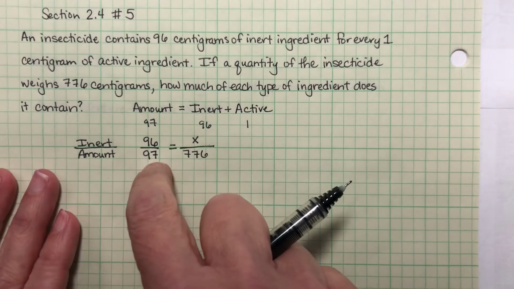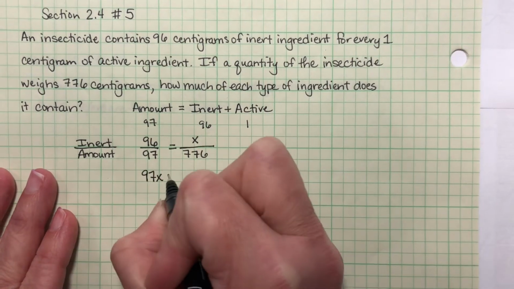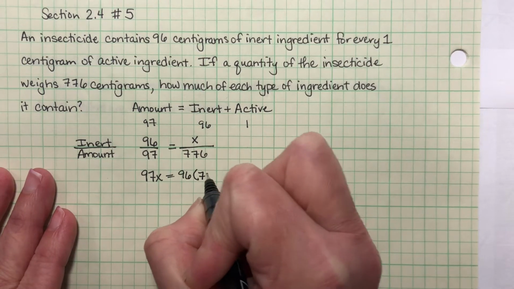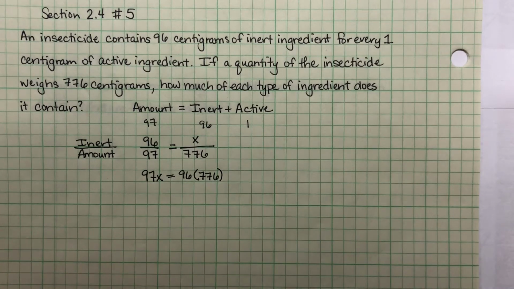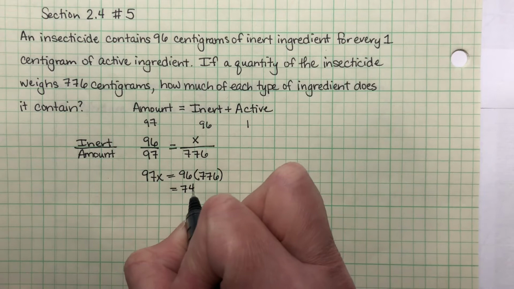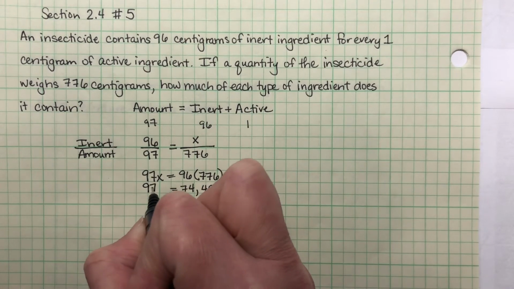What I do is 97 times x is equal to 96 times 776. It does not matter what order you multiply first, you're going to end up the same place. Now 96 times 776 is 74,496, and this equals 97x.